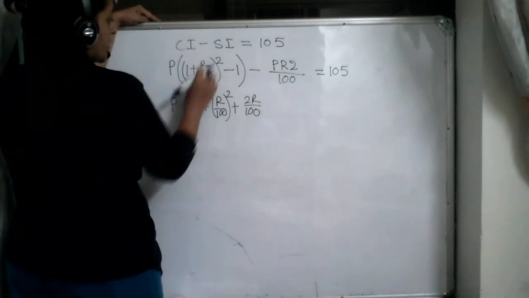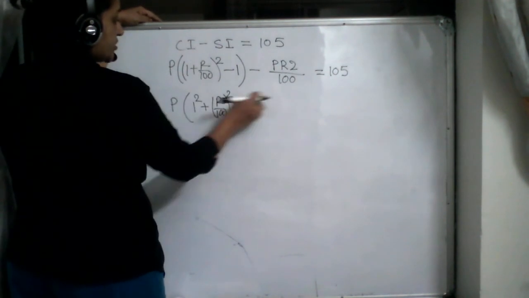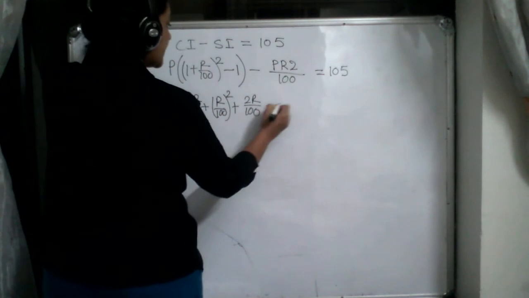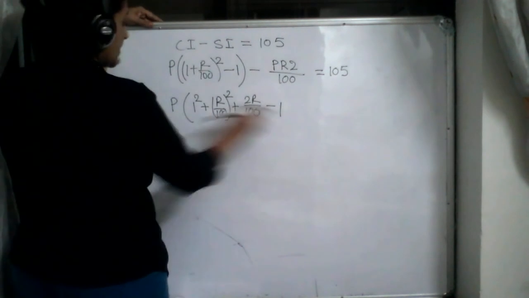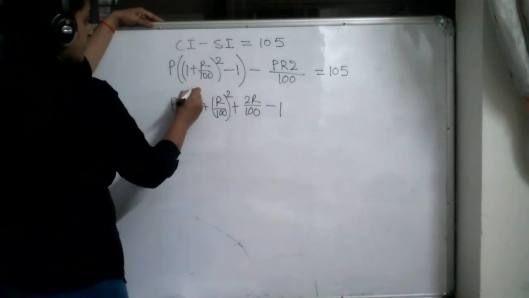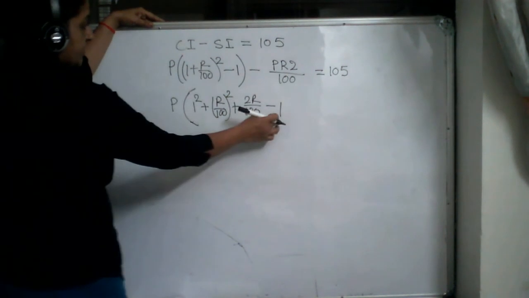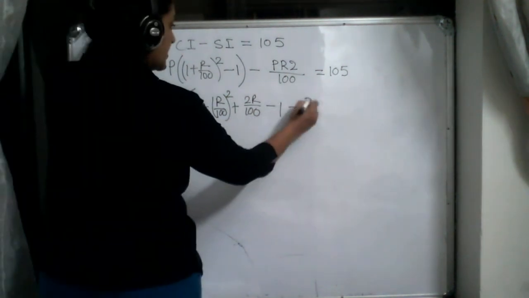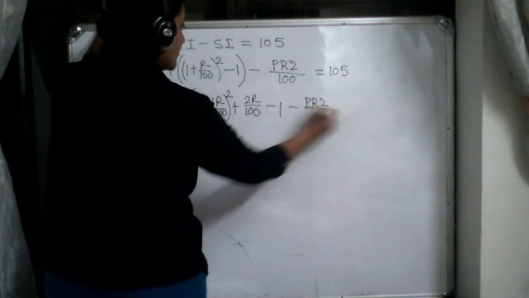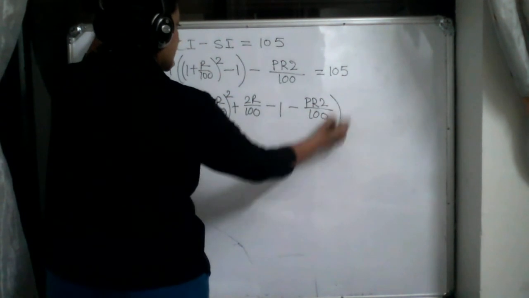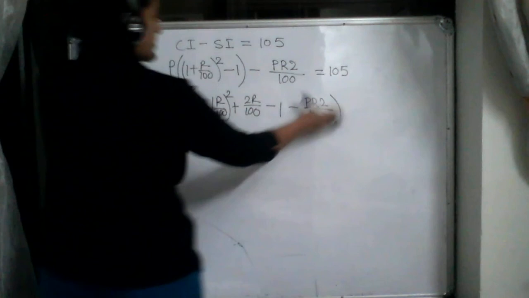So 1 into R upon 100 is R upon 100, into 2 is 2R upon 100. Minus 1, this minus 1. Now we have expanded this bracket, so minus 1 here. Now we can continue with PR2 upon 100.